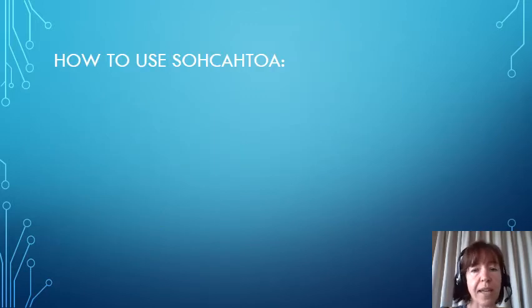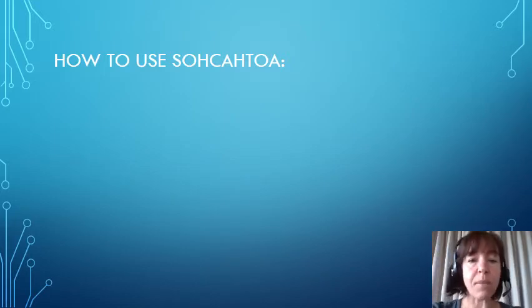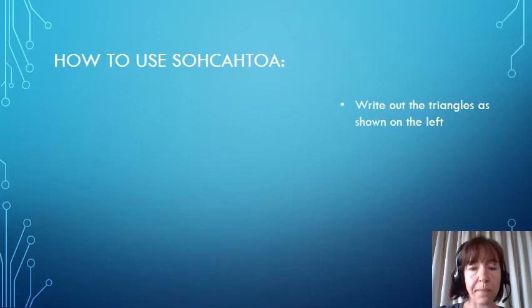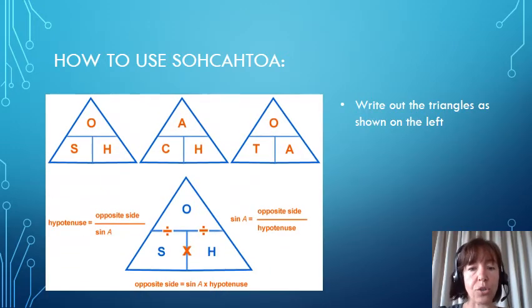Now we're going to look at how to use SOHCAHTOA. So in class we went over SOHCAHTOA, some old hens cackle and howl till old age. And that is a really good way to remember the letters in the correct order. First of all, write out the triangles as shown on the left.